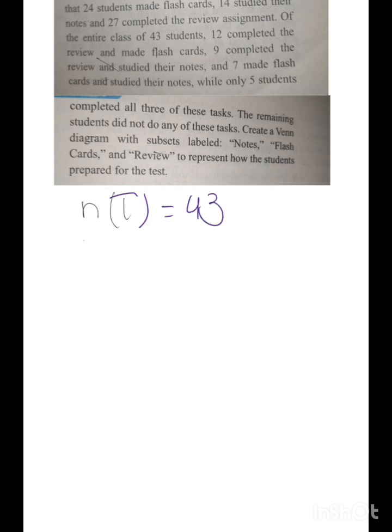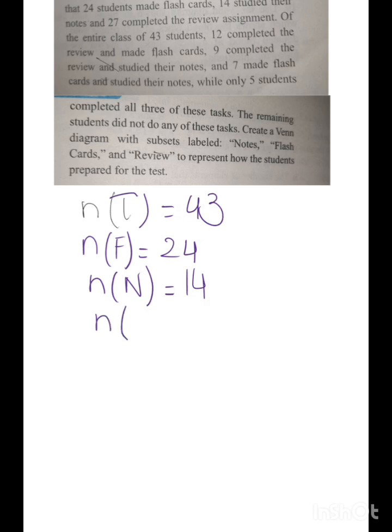So the number of students who prepared through flashcards, I'm using F for flashcards, were 24. The number of students who studied through notes, N for notes, were 14. And the number of students who prepared through review assignments, I'm using R for that, were 27.